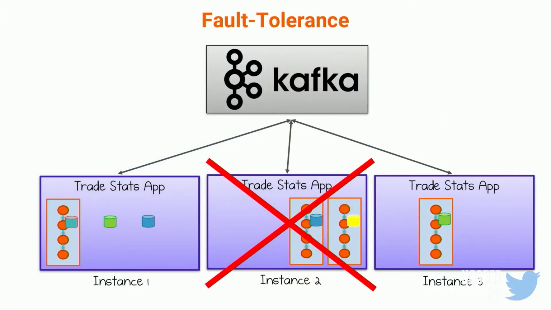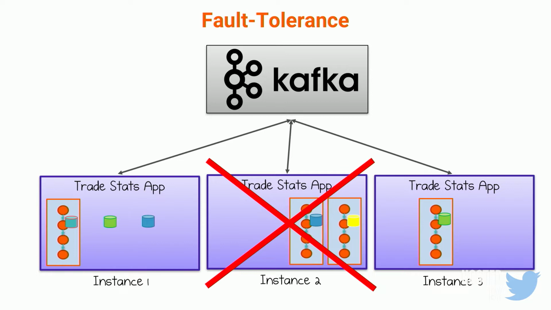Now we have 2 choices for both. We can either assign them to instance 1 or to instance 3. But as you can see, instance 1 already has a part of the blue state locally stored. And that is something we can exploit. Kafka Streams is doing a little more than the plain consumer. It encodes this information into the rebalance protocol.